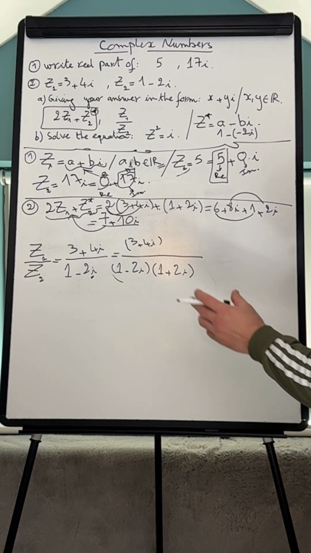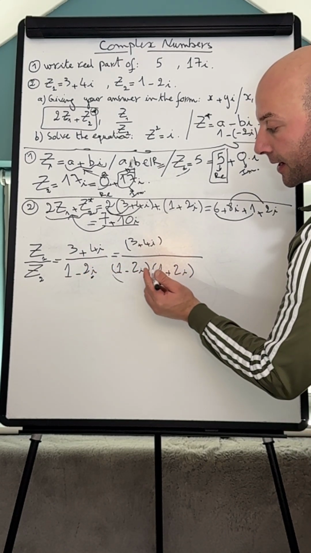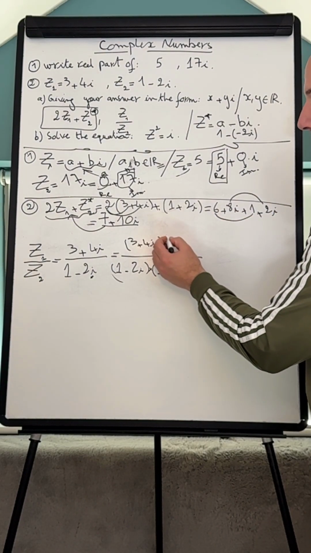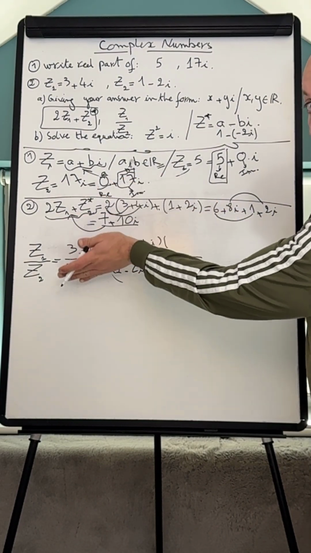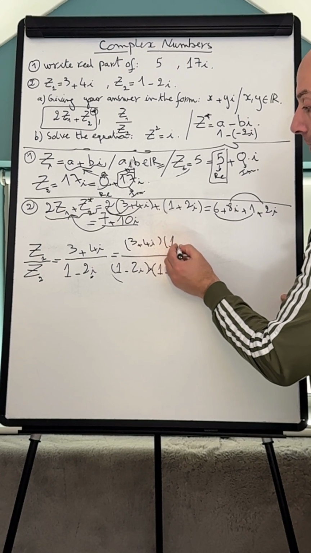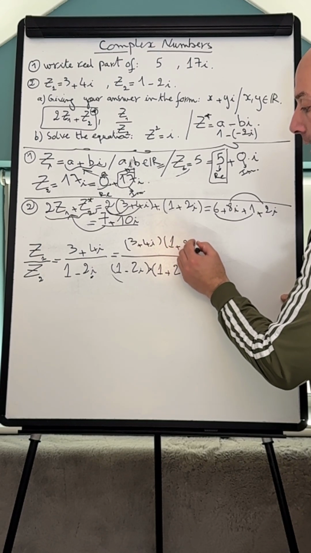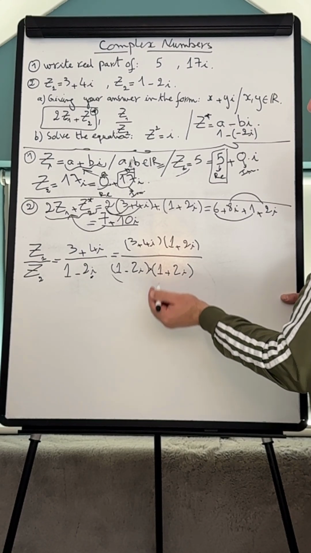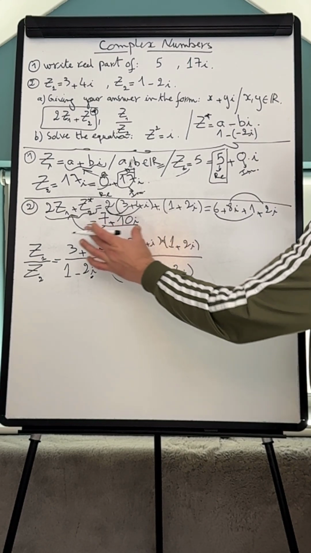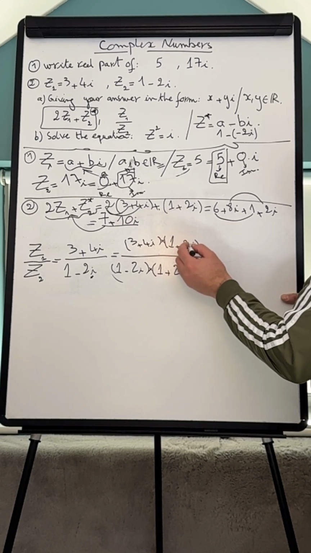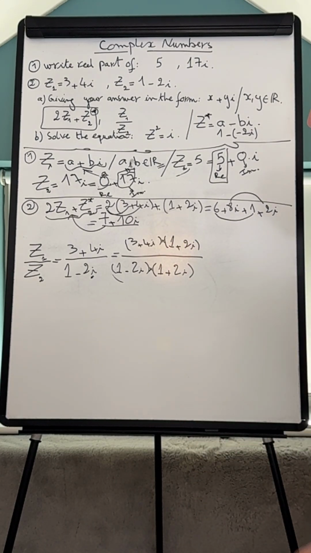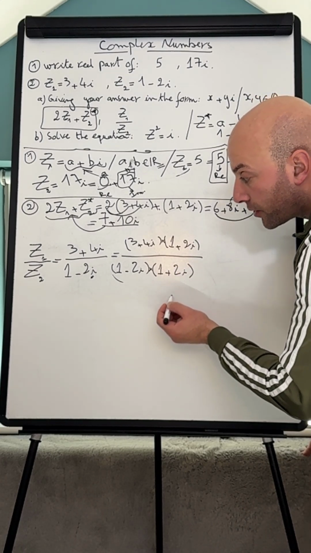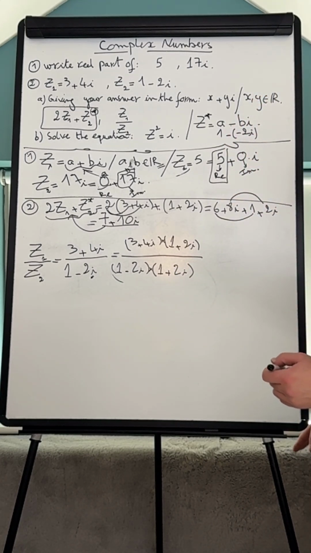If we multiply the bottom by this number, it has to be the same on the top as well, and then we can get rid of it if we want to go backwards. Basically 1 plus 2i: this equation equals the other one, because we multiplied the top and the bottom by the same number, 1 plus 2i, as simple as this. And 1 plus 2i is the conjugate of 1 minus 2i.